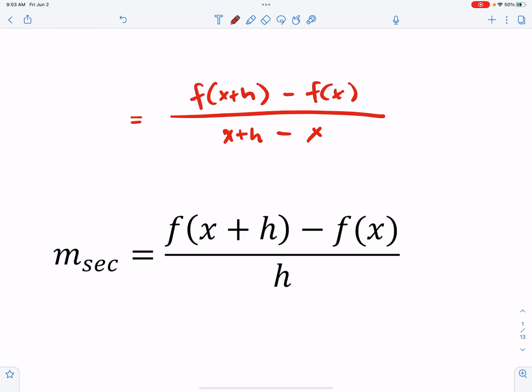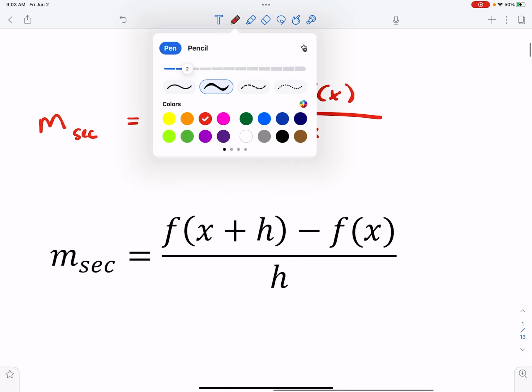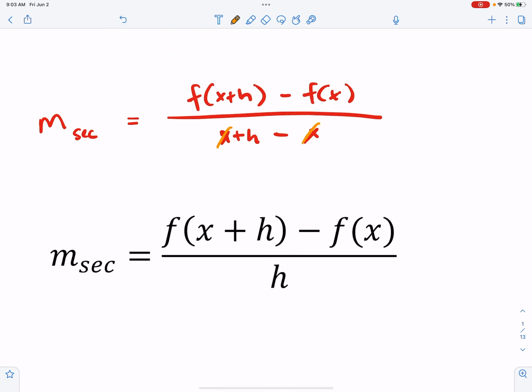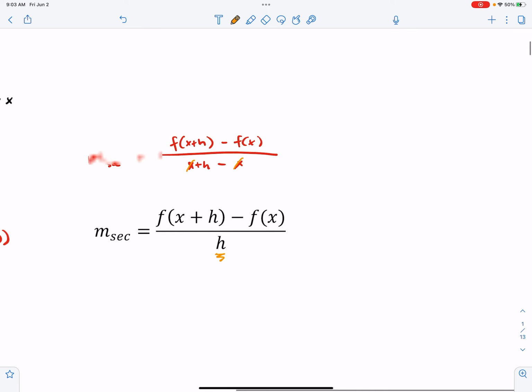So if we're using this notation for the slope of the secant line, notice that the x's will cancel every time. So that's why we just have h in the denominator here for the change in x.